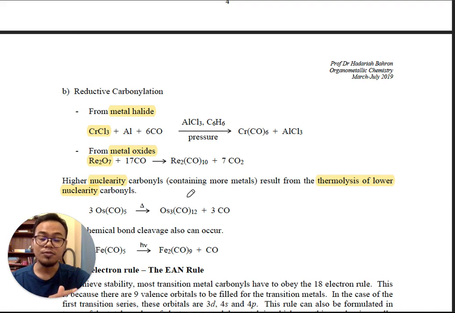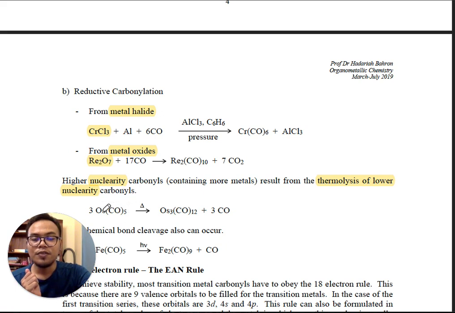If you have two, it is dinuclear, then three, trinuclear, and if you have many metals, it is going to be called polynuclear metal complexes. We can get higher nuclearity carbonyls from lower nuclearity carbonyls. So how is that possible? So your Os, again, what is Os?